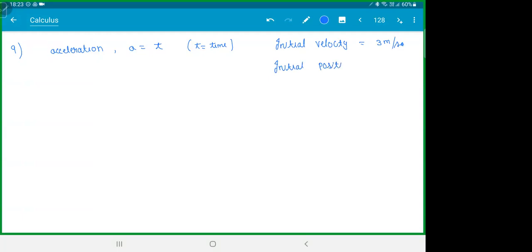Initial position x is equal to -2 meters. Find velocity as function of time t, v of t, and position as function of time t. So now the a won't come out of the integral.